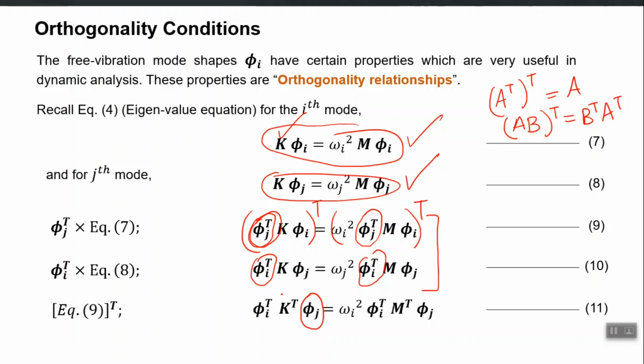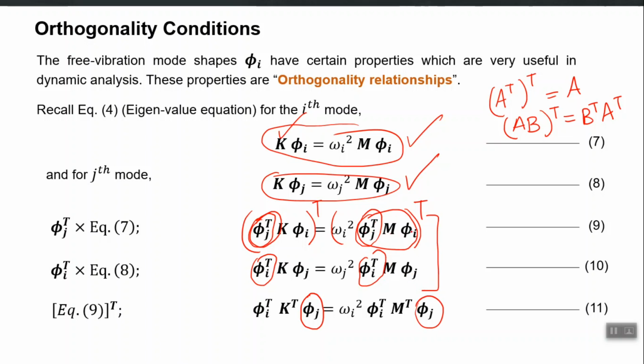So, everyone is clear on the left hand side. On the right hand side, this transpose will not affect the scalar quantity. So, omega i square will simply come out, but this product will be affected by the transpose. Phi j transpose and another transpose will simply become phi j, and that will be on the right hand side of that product now.